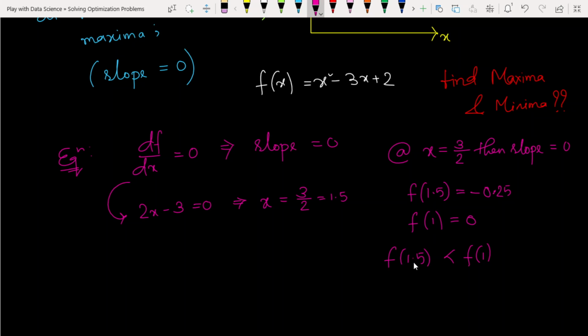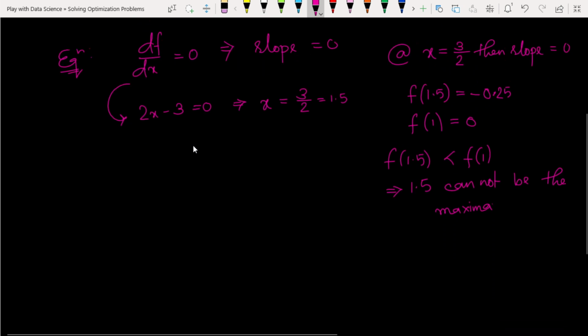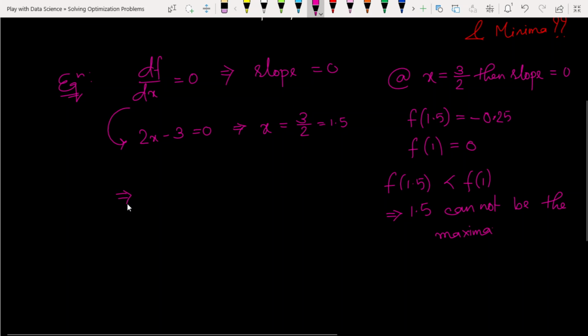So we can simply conclude here that 1.5 cannot be a maxima. If it cannot be a maxima, it implies that it will be a minima at the point x equals 1.5. Simple: if it is not maxima, then it will be minima.